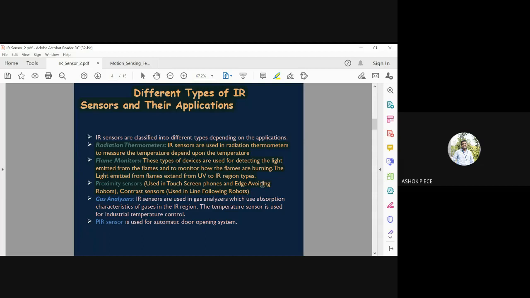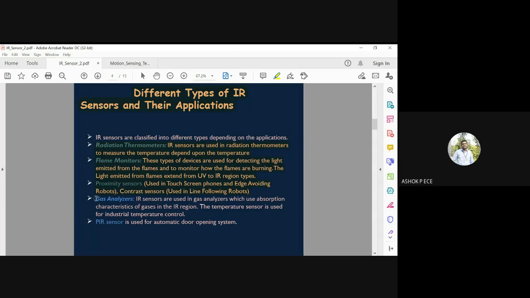If any obstacle is present ahead of the robot, you can detect it using an IR sensor. It has an IR sensor pointing downwards, and runs on a black sheet and should not deviate away from it. To constantly ensure that the bottom portion is always black, we use what is called a contrast sensor.